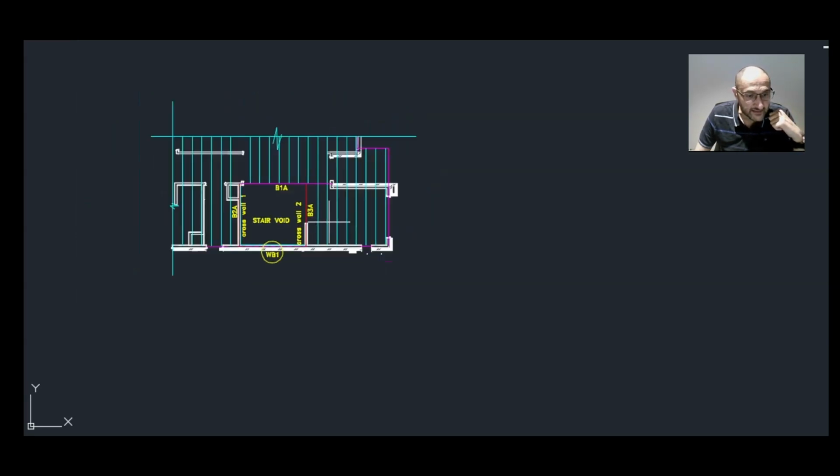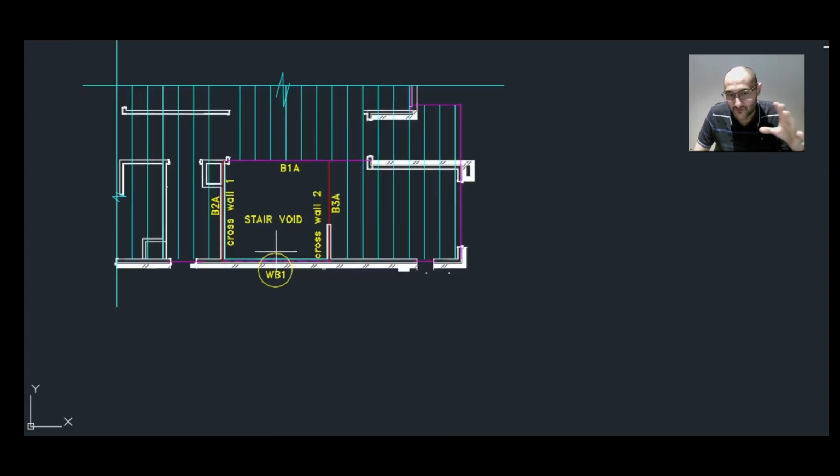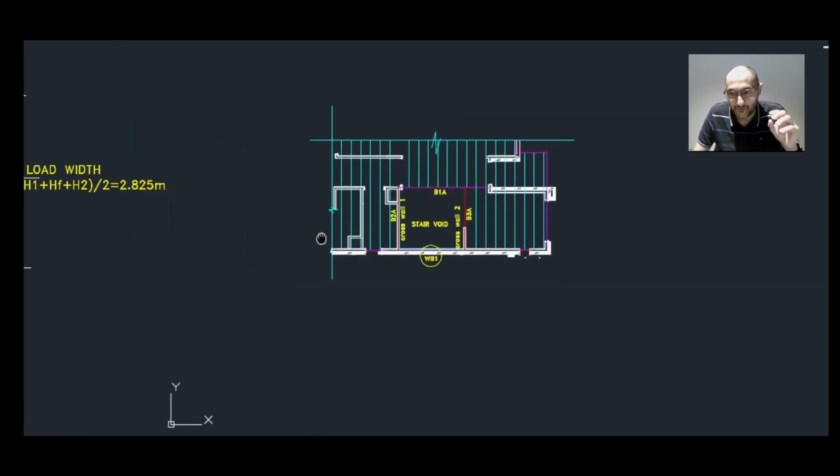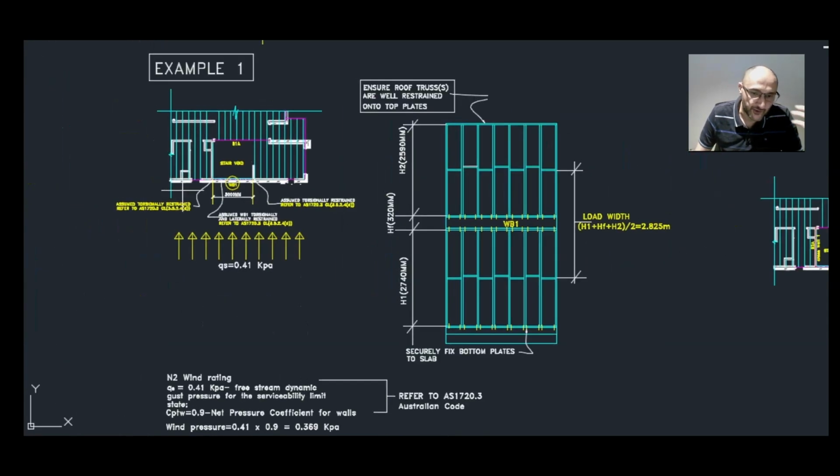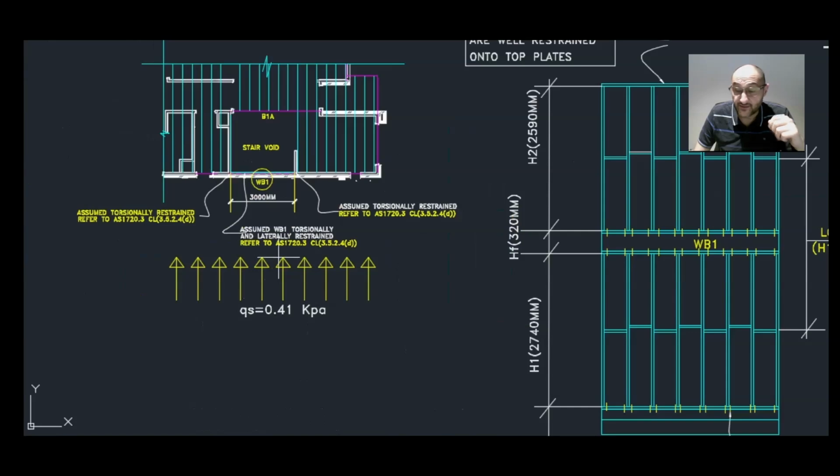But speaking in general though, I guess at the end of the day, all of these solutions are dependent on the opening size and the value of the pressure as well, and the supporting conditions of WB1. So there's many factors involved.